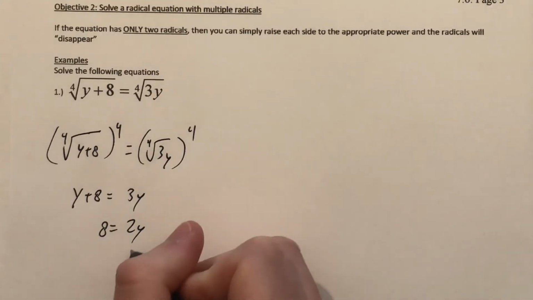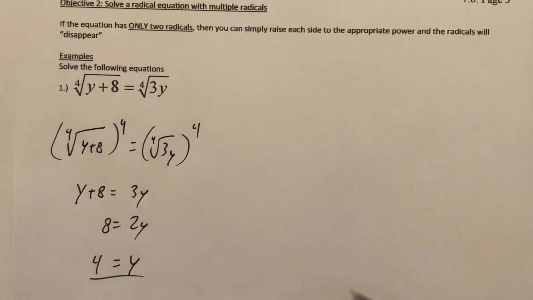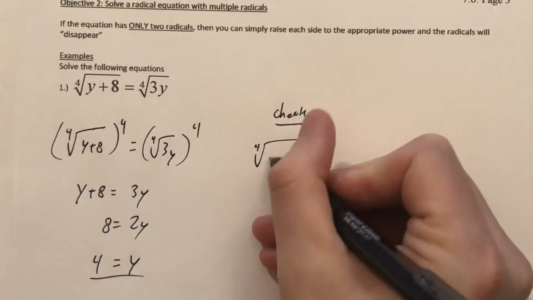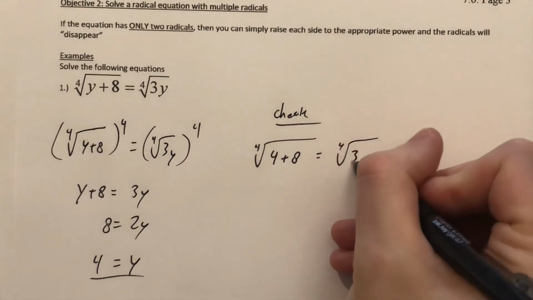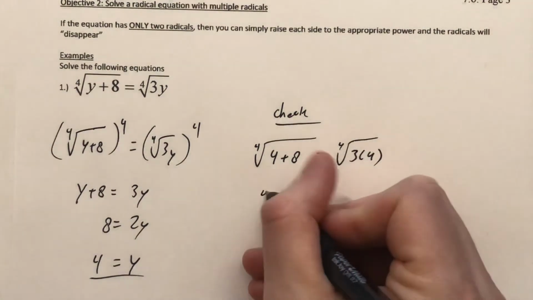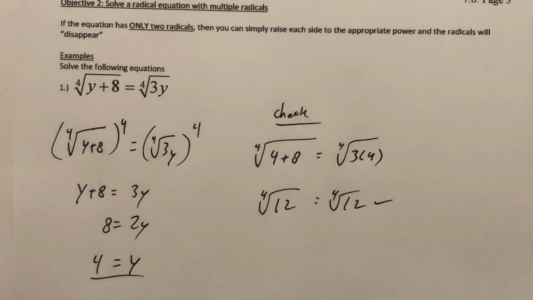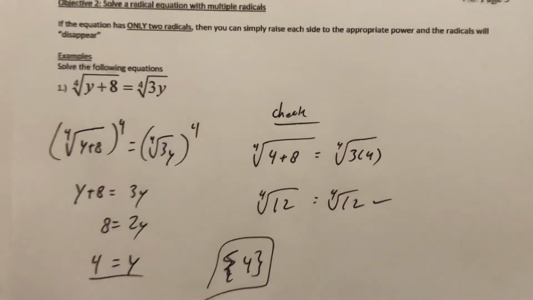So subtract the y and divide by 2. And then we will check that solution. The fourth root of 4 plus 8 equals the fourth root of 3 times 4. So the fourth root of 12 equals the fourth root of 12. So that looks good. So 4 will be our solution.